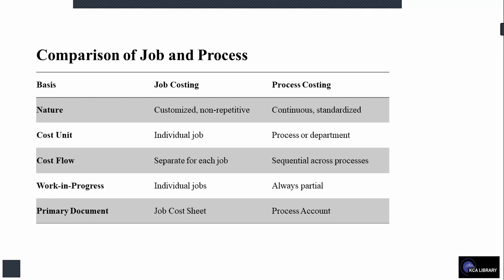For cost flow, it is treated separately for each job under job costing, while under process costing it is sequential across processes. As per work in progress, it is for individual jobs in job costing, and it is always partial under process costing. Lastly, the primary document for job costing is the job cost sheet, while for process costing it is the process account.